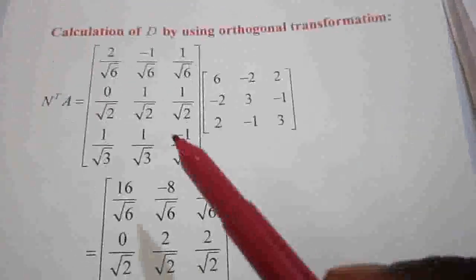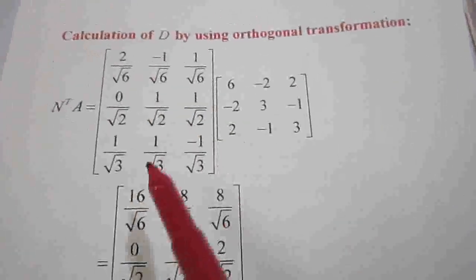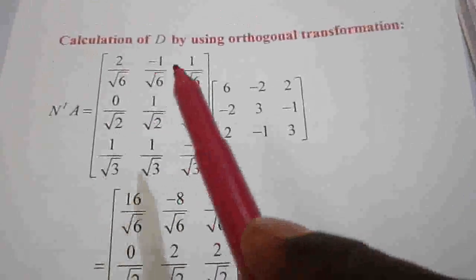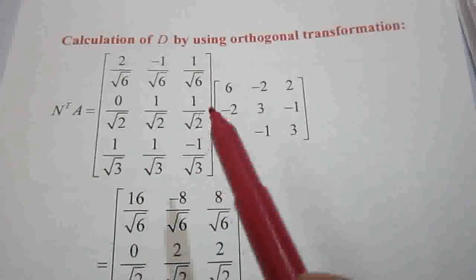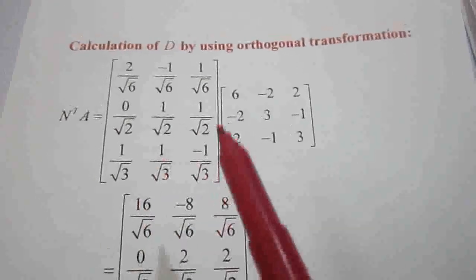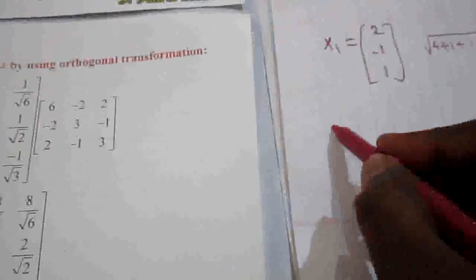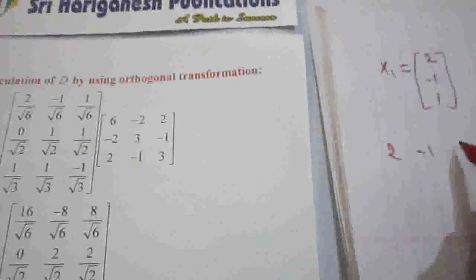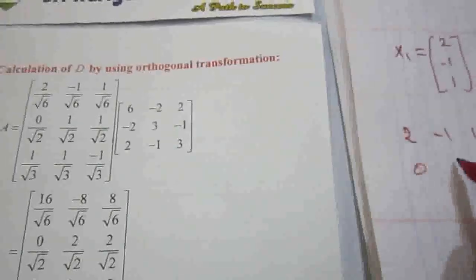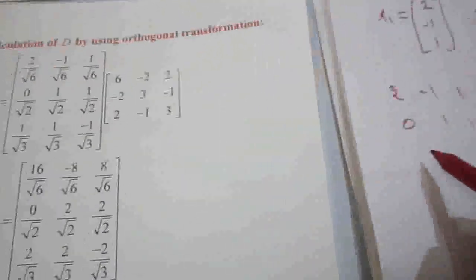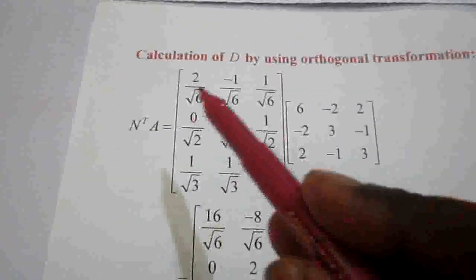For example, when you remove the denominator terms, the matrix is 2, minus 1, 1; 0, 1, 1; 1, 1, minus 1. This matrix is multiplied with A. For this you consider only the numerator terms.